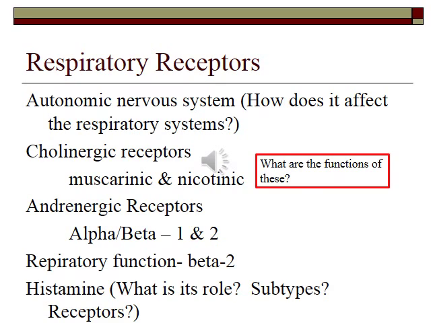Your adrenergic receptors, okay, are going to be your alpha and beta receptors. So you have alpha 1, alpha 2, and you have beta 1 and beta 2. So the alpha receptors are located in the peripheral blood vessels and will cause vasodilation. Alpha 2 receptors are involved a little bit in respiratory function.